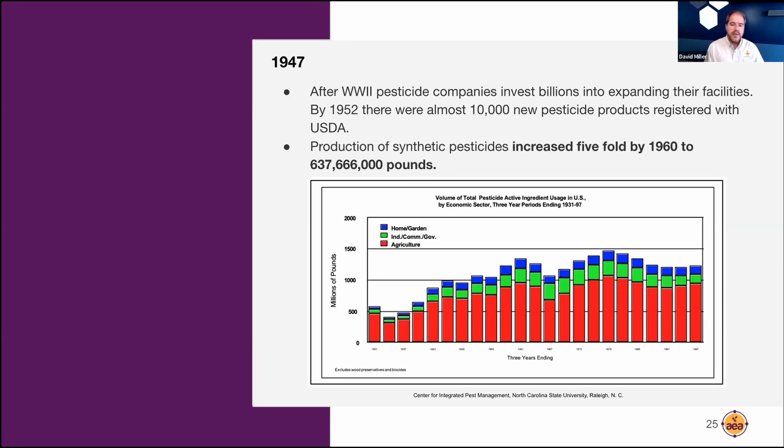From 1947 to 1960, pesticide production increased fivefold to 637,666 pounds. And if we look at the use today, it more than, I think, doubled itself 1.5 times since 1960.